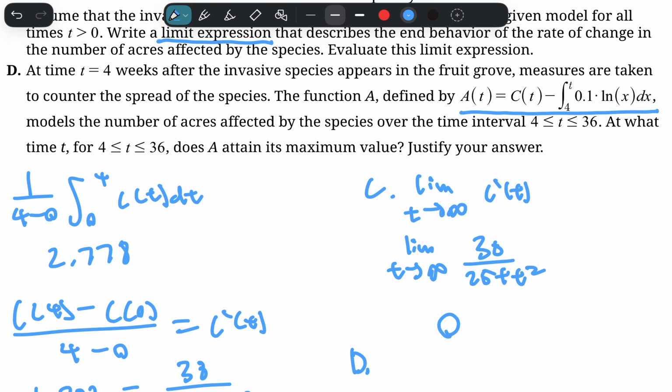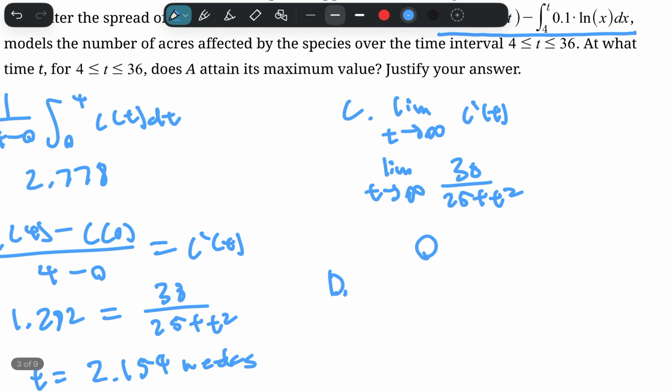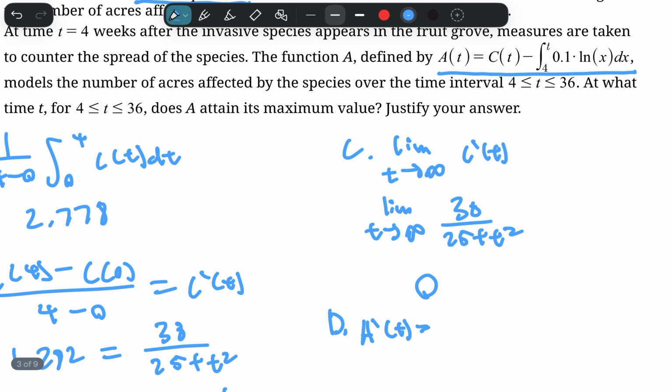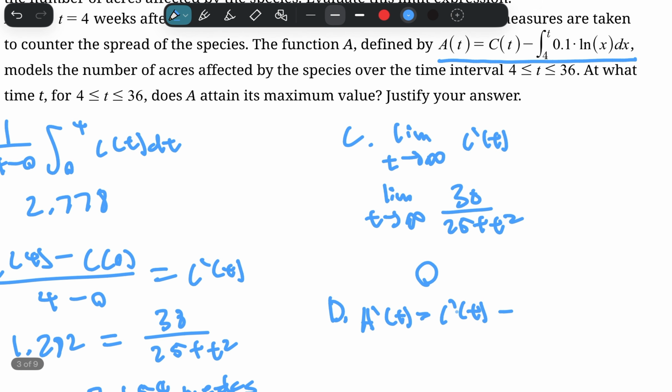Now, to find the maximum value of A, we have to use the candidates test. So how do we do that? Well, we need to first take the derivative of A, which A prime of t is equal to c prime of t minus, and here we can use the fundamental theorem of calculus, substituting t for x, c prime of t minus 0.1 times the natural log of t.